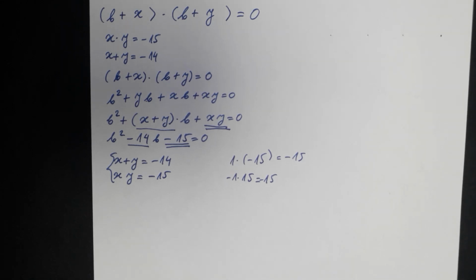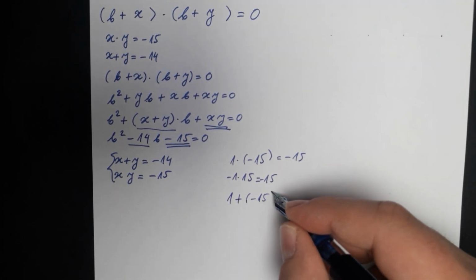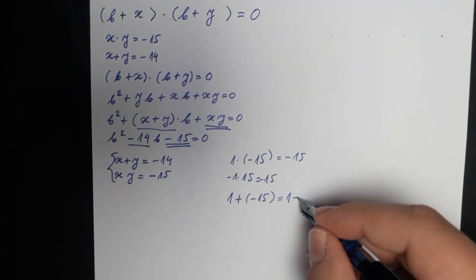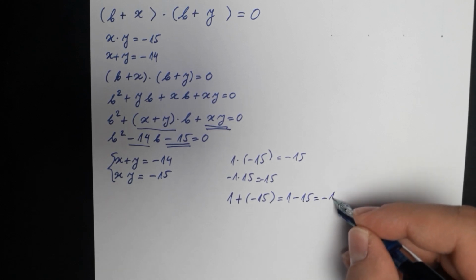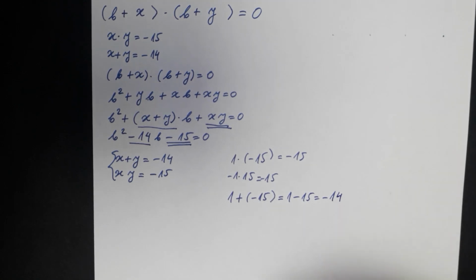Let's do that. So if we add 1 plus the negative 15, we get 1 minus 15, which is equal to negative 14. So we do get a result of negative 14. This means that this first combination works. We don't need to check any more of them.